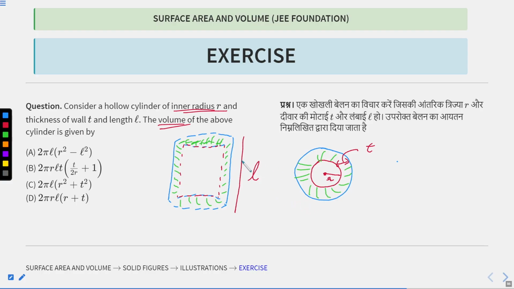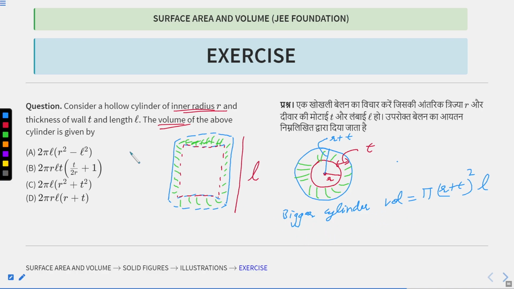First of all, find the bigger cylinder volume. We know the radius of the bigger one is r plus t. So the volume of the bigger, blue cylinder, we know the volume of a cylinder equals pi times radius square times h. The radius is r plus t, squared, and the height is L. So this is my bigger cylinder volume.